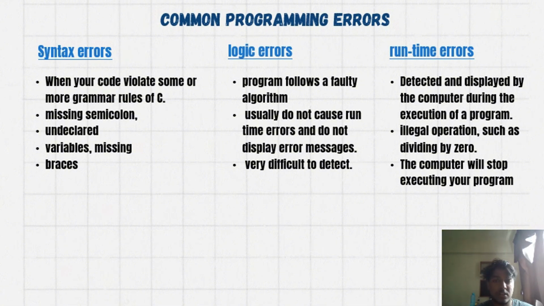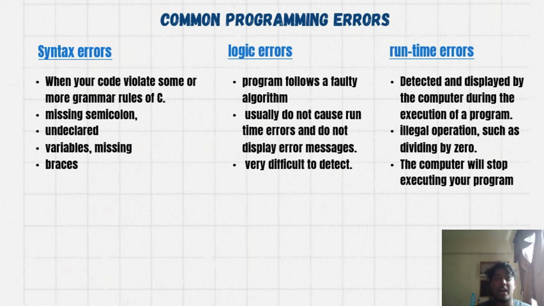Next, logic errors happen if the program follows a faulty algorithm. They usually do not cause runtime errors and do not display an error message, so they are very difficult to detect.